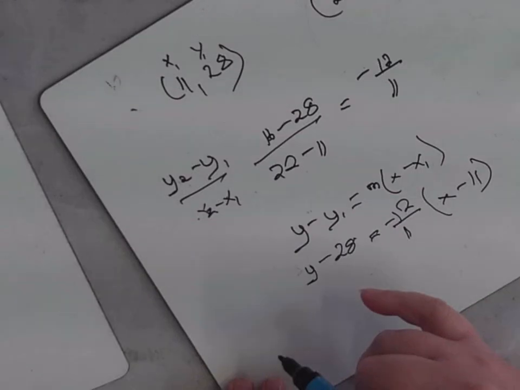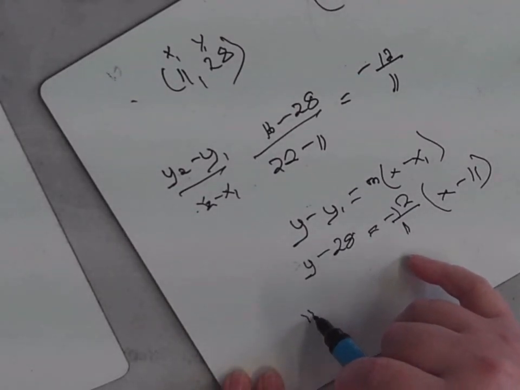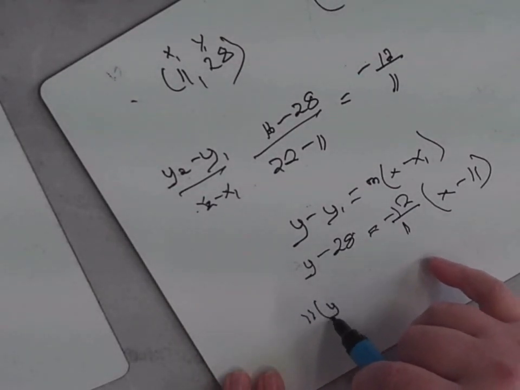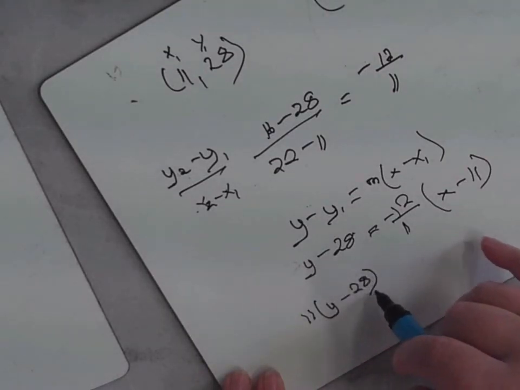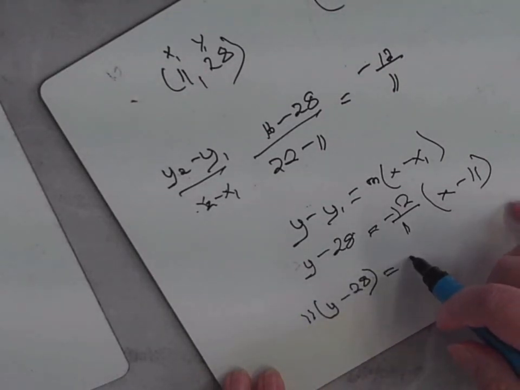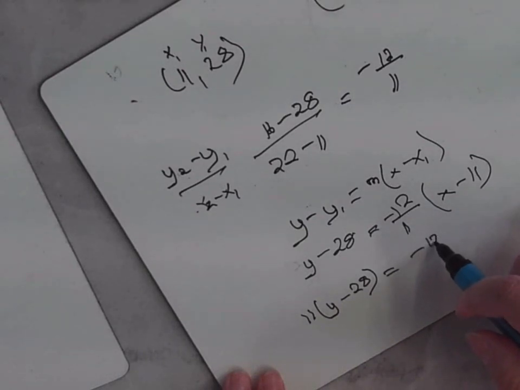Remember how you sort this out: multiply both sides by 11, which means the 11's cancel on the other side, so you're just left with minus 12 times x minus 11.